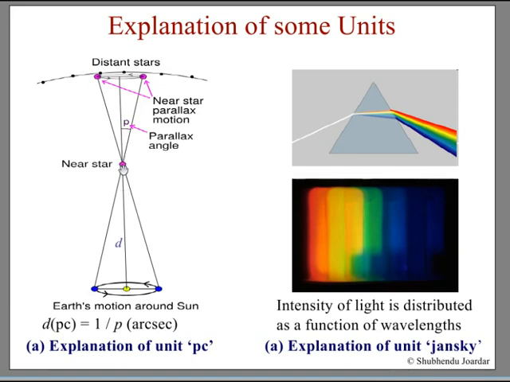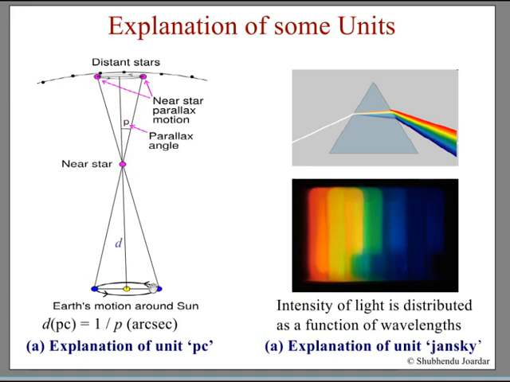Now, if you see a nearby star, you will see that the position of the star seasonally changes, because there are stars which are much farther away from us, and we will observe this star to be moving against that constellation of stars.